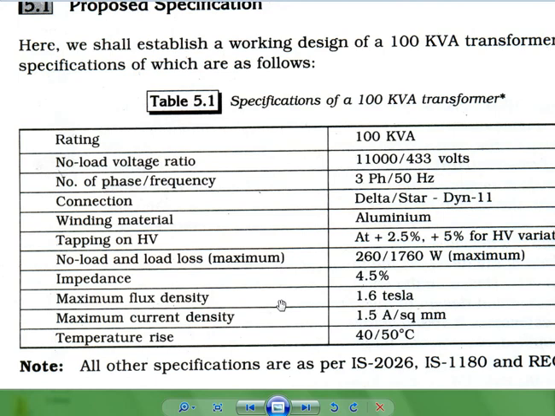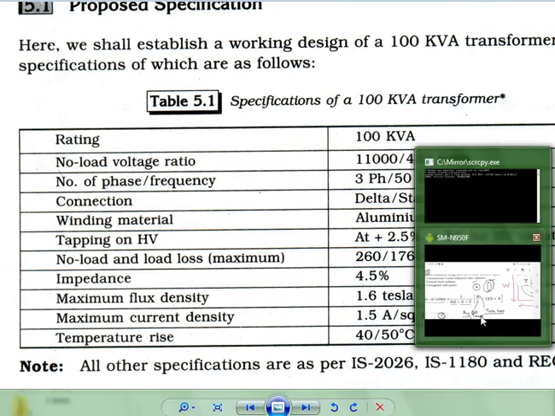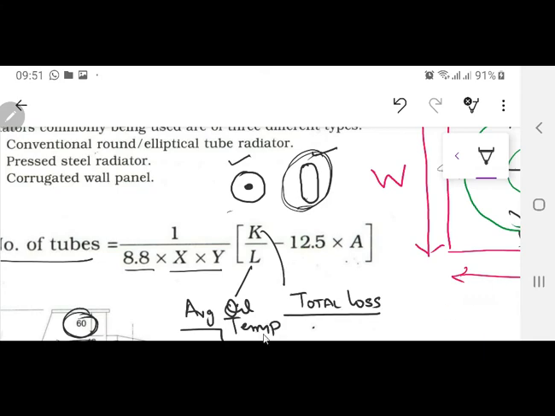If you remember, what this is telling me is that your temperature on the transformer inside can go up till 50 degrees centigrade, and the tank of the transformer should be at 40 degrees centigrade. It should not be more than that. So the average temperature rise over here in this formula, this average oil temperature, is going to be equal to 40 degrees. Okay? So you are going to write 40 over here.